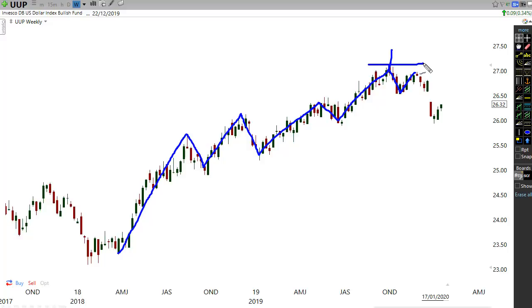Notice how it couldn't get to that point up there, and then it rolled down, creating a what? A lower low. So notice how we've actually gone from a bull trend, higher lows all the way up, to now a lower high breaking past previous lows. Makes sense? And now you can see the market starting to rise up a little bit where we are right now.